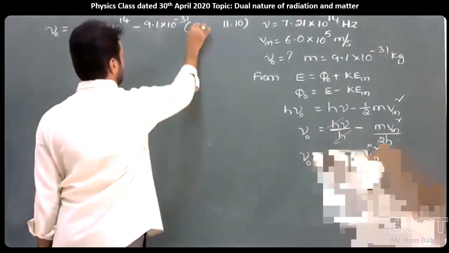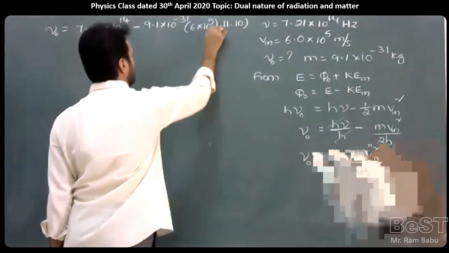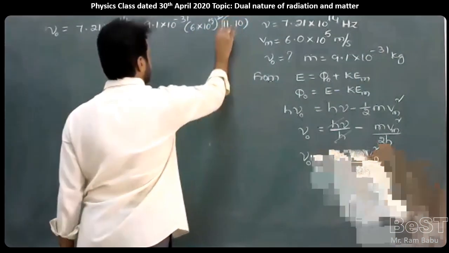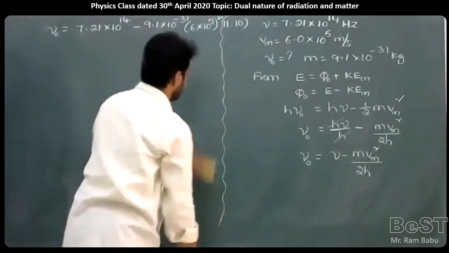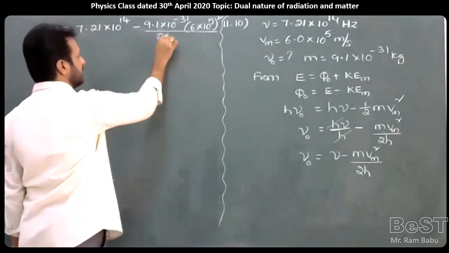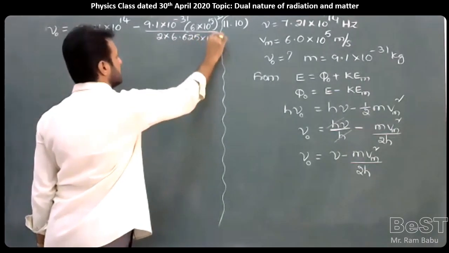Already they have given 6 into 10 to the power of 5 whole square, divided by 2 into the h value, 6.625 into 10 power minus 34.